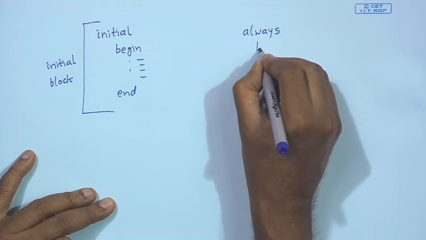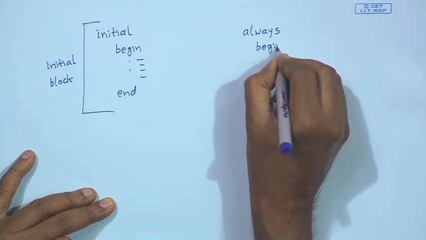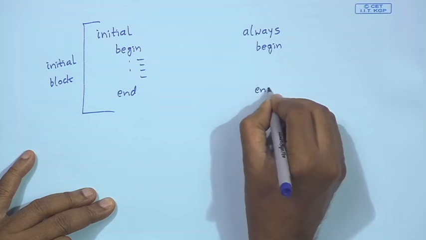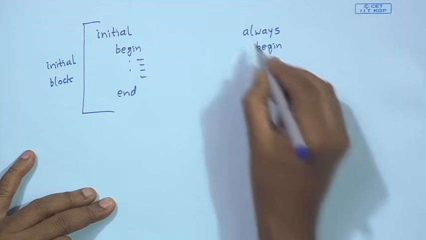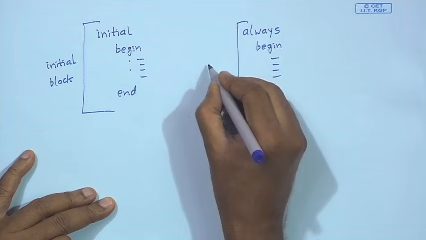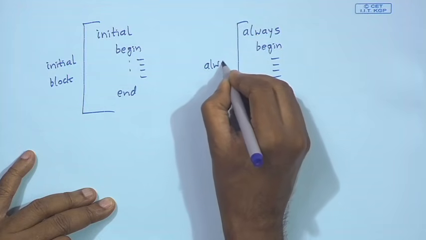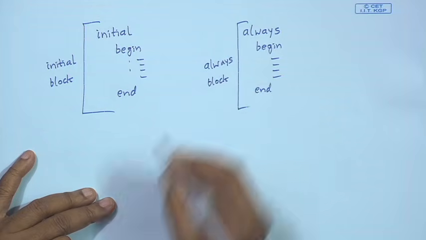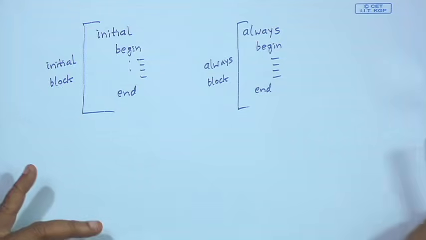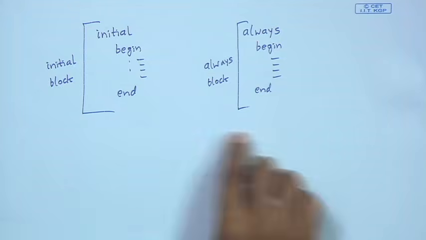Inside the always statement, typically you have begin end again. So, begin end can group several statements together, and this whole thing is called an always block. Right? Okay.